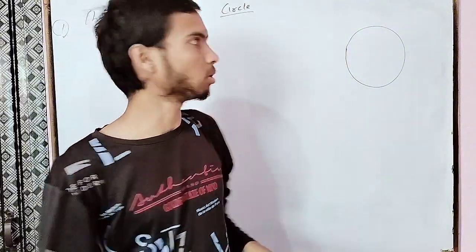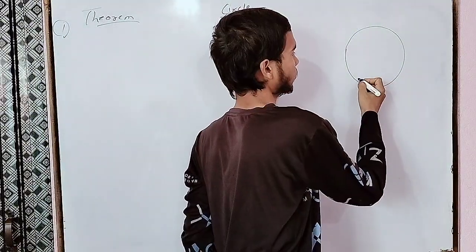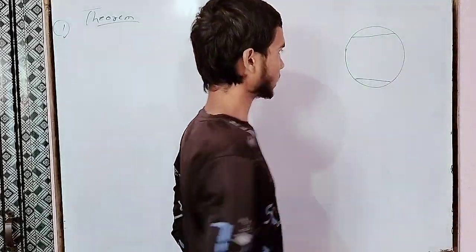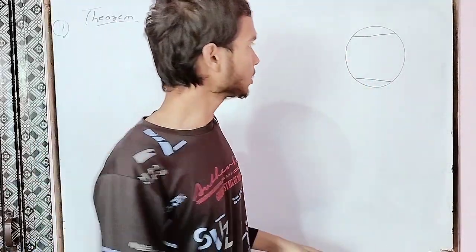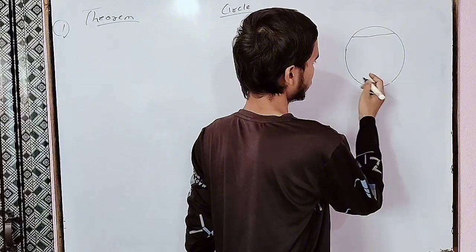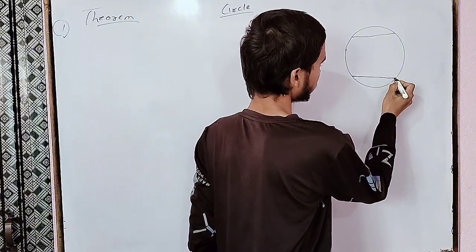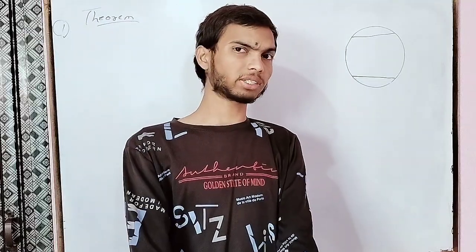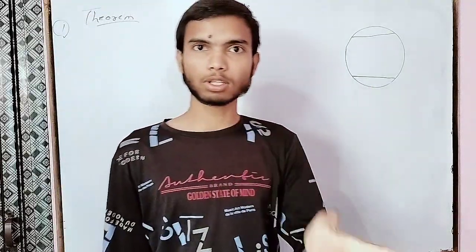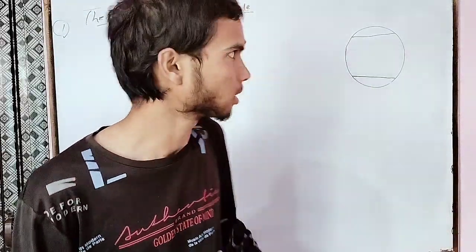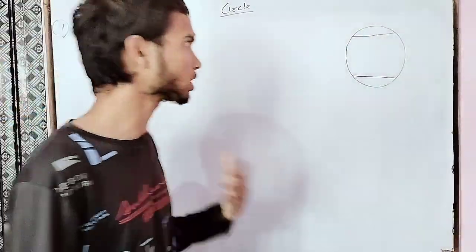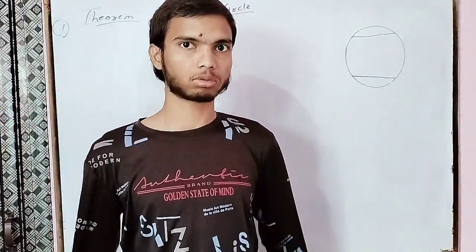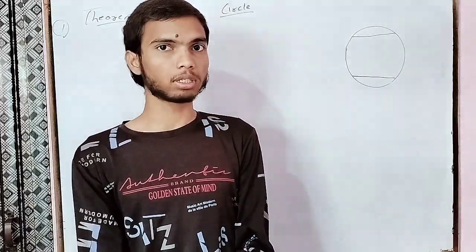So the measure of one chord, let's say this chord, is 3 centimeters, and the measure of this chord is also 3 centimeters. The theorem is saying this, I am not saying it. So there are two chords, and the measures of both chords are equal to each other.